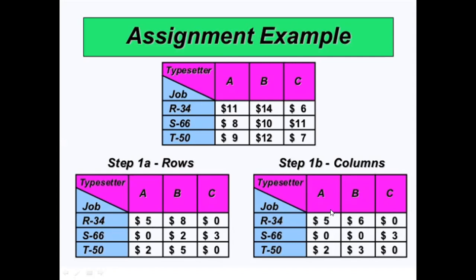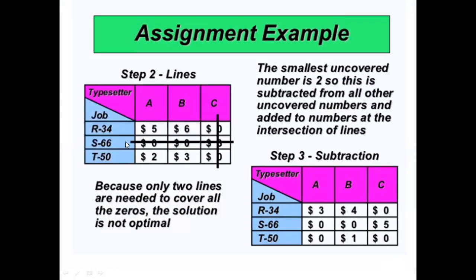In this case, the minimum number of lines to cover all the zeros is by drawing a line through the zeros in one column and another line through the zeros in the other, so we cover all the zeros with only two lines. So in this example, we have two lines.